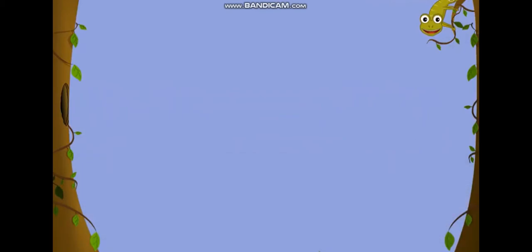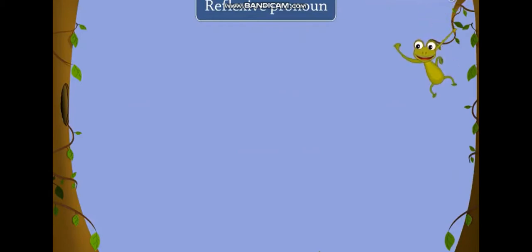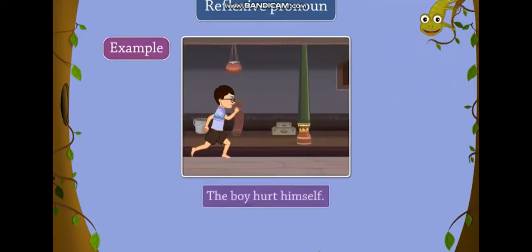Let us learn about reflexive pronouns with the help of some examples. First example: "The boy hurt himself."